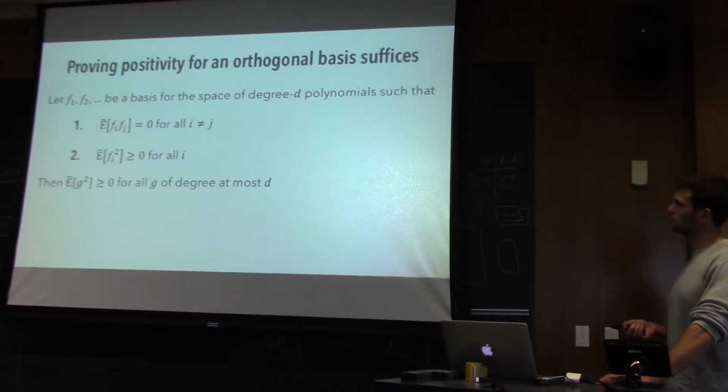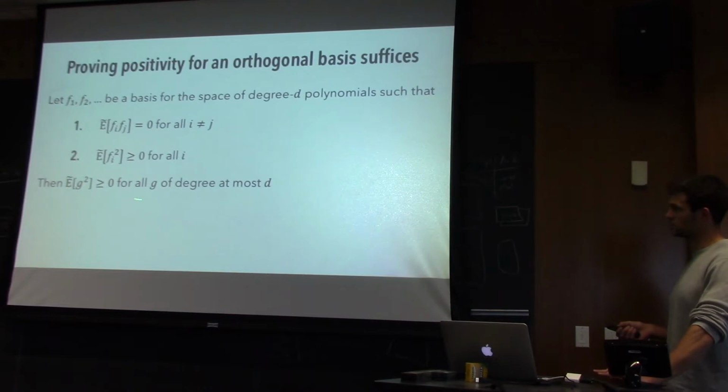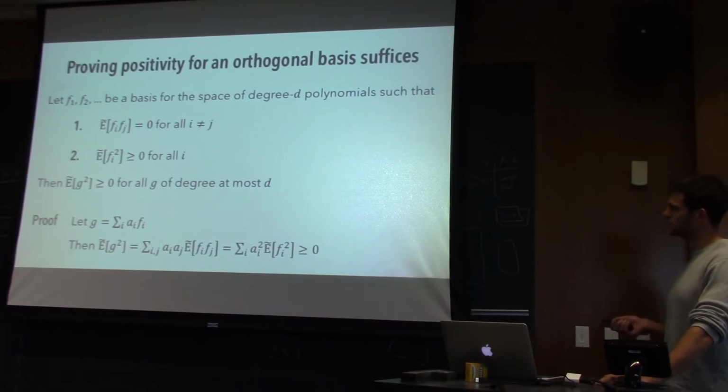If you get this, you're set. You get that the positivity condition holds for everybody, because if you write your polynomial in this basis, then you can see that the value is not negative.